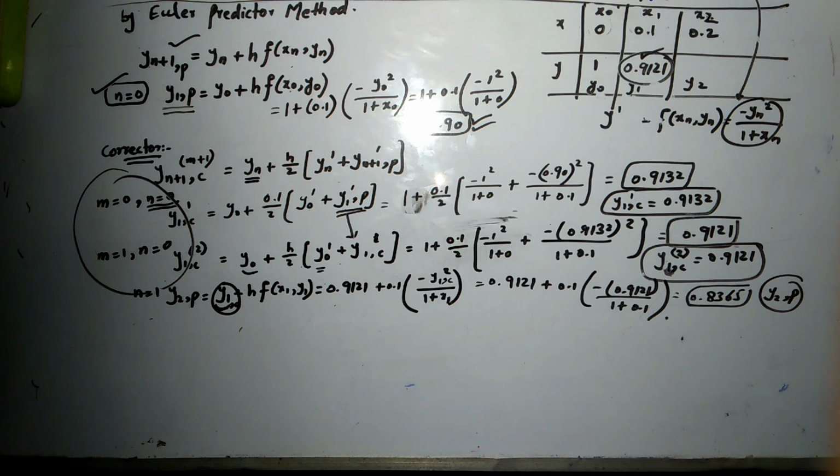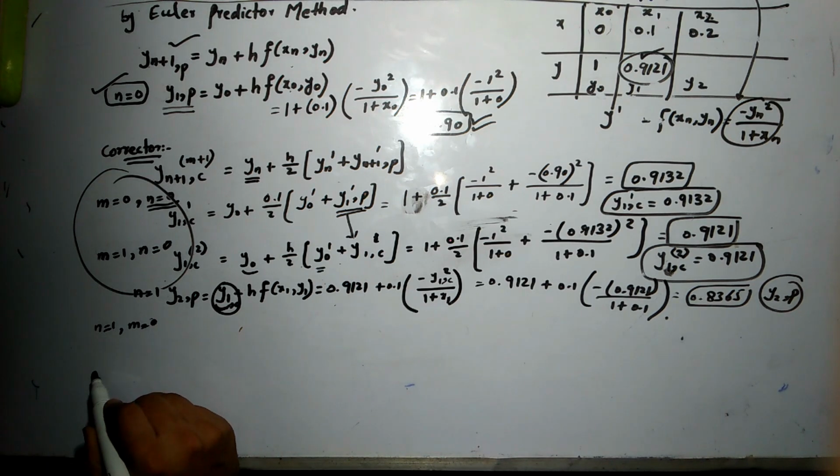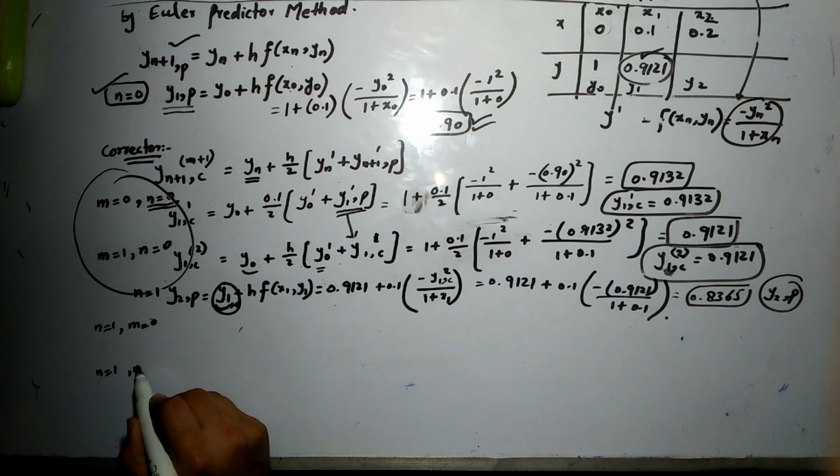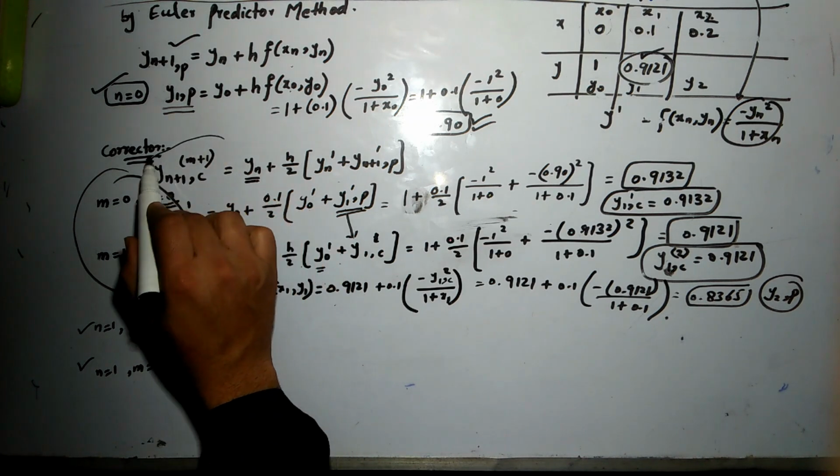After this, to apply the correction, here n is equal to 1 and m will be equal to 0. Similarly, n is equal to 1 and m will be equal to 1. For the first correction and the second correction, in this formula we will put the values.